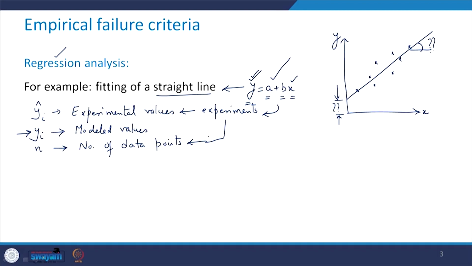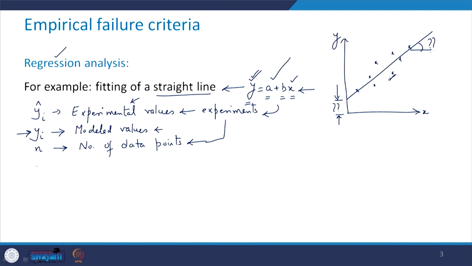Now when can I say that this model will be perfectly fitting the experimental values? When the error between the experimental value and the model value is minimum.